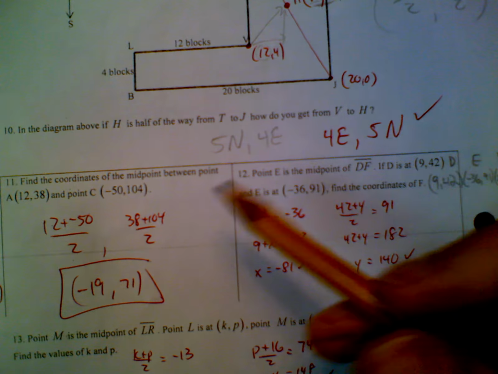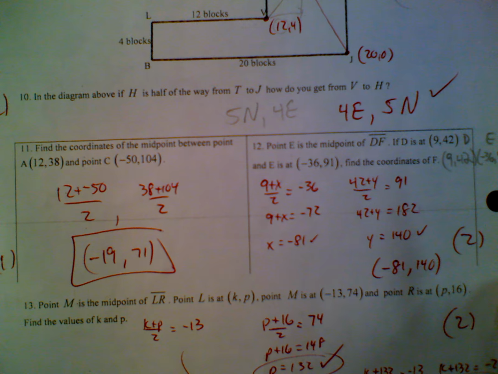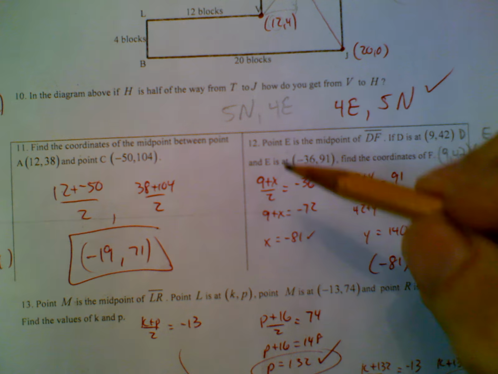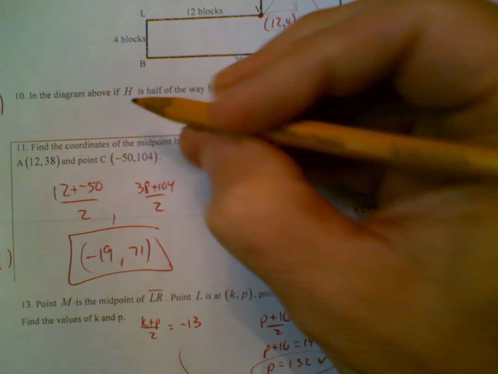Next 3 points, 11, 12, 13. I want to emphasize here the easiest way for me to explain how to do all 3 of these problems with a method that is reliable, works every time, is the midpoint formula. Okay?